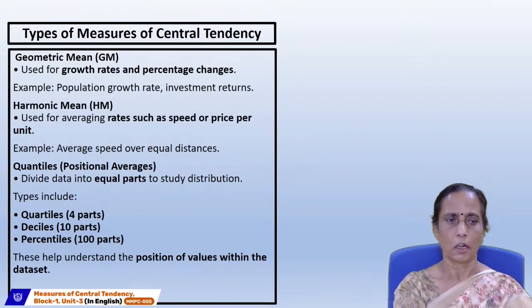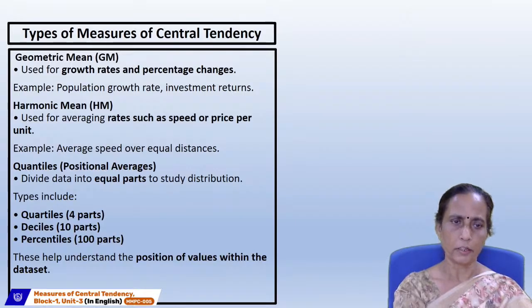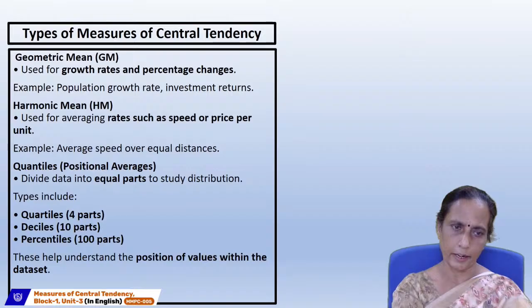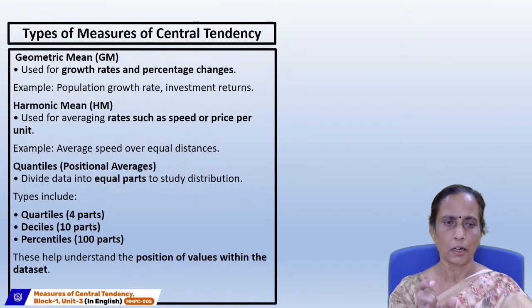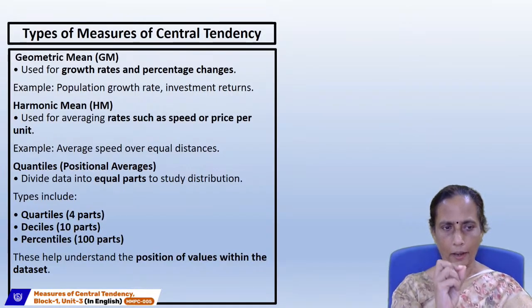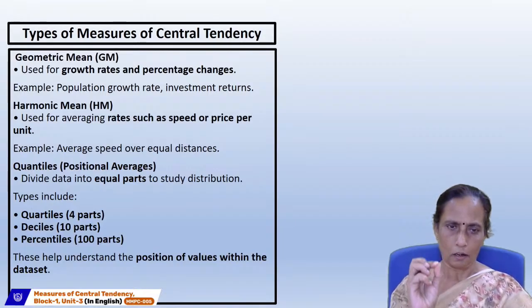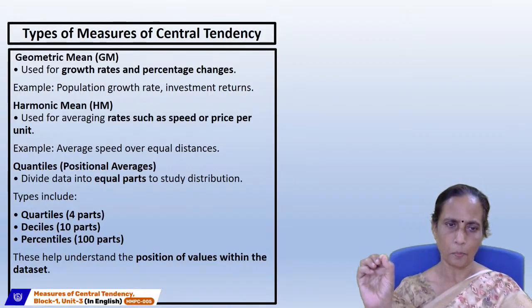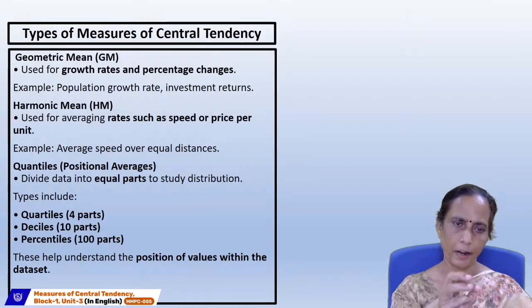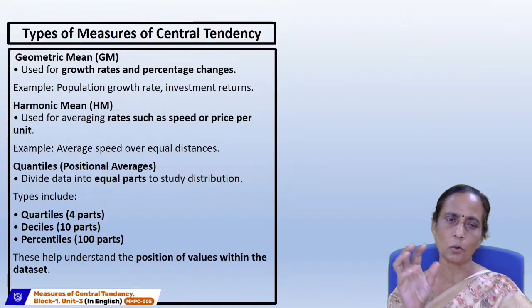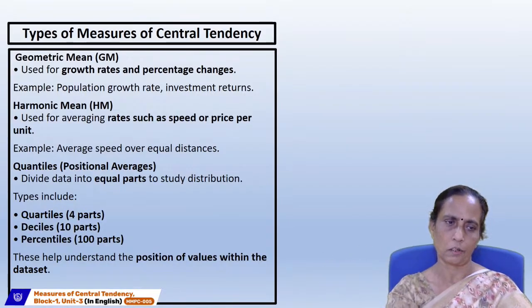And one more is your quantiles. It is positional averages. That means in a specific data set, these averages will be at a specific point. So this divides your entire data set into several equal parts.